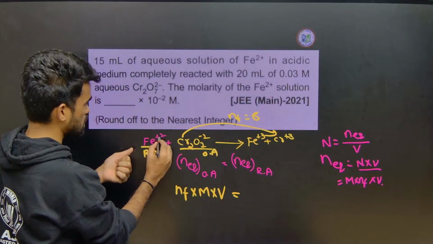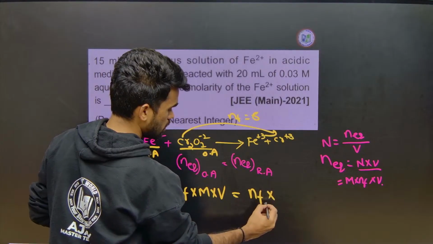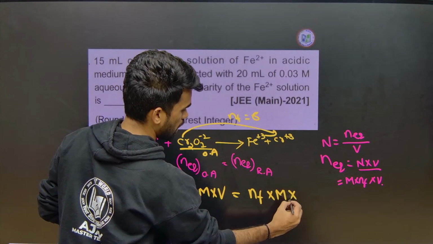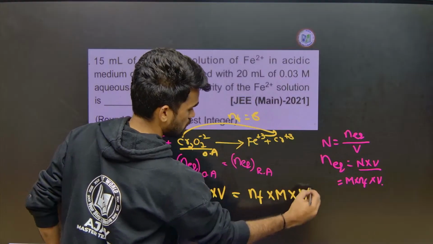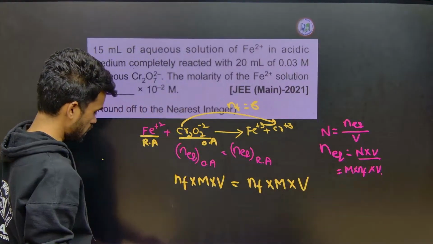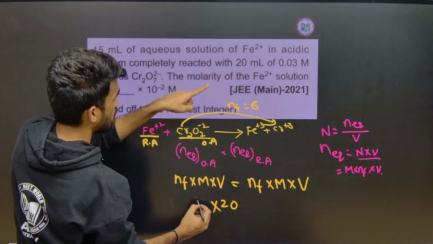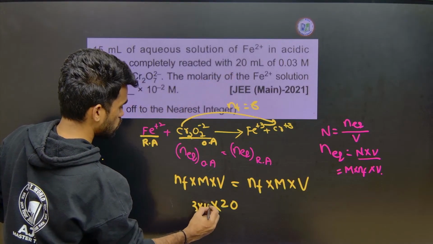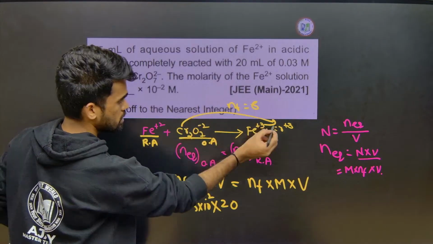For iron, plus 2 converting into plus 3 means n factor will be 1, and molarity we need to find for iron. What is its volume mentioned? 15, take it here, that's it. This side will be 20 ml, molarity is 3 into 10 power minus 2, and its valency factor is 6. How? This is how it is changing.